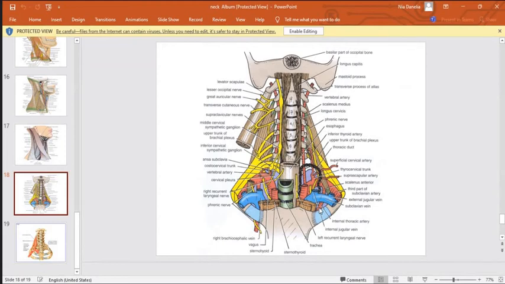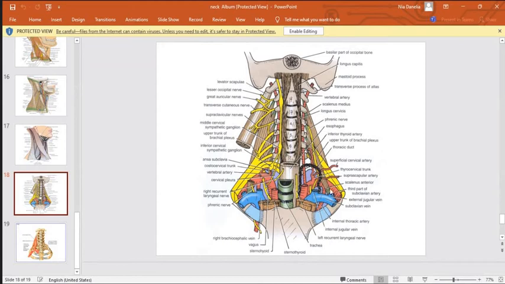and gives off branches for the layers of the thorax. The second part of the subclavian artery is located in the interscalenus space, we have told, and the contents of the interscalenus space, except the artery, are the brachial plexus, as we see in the picture.